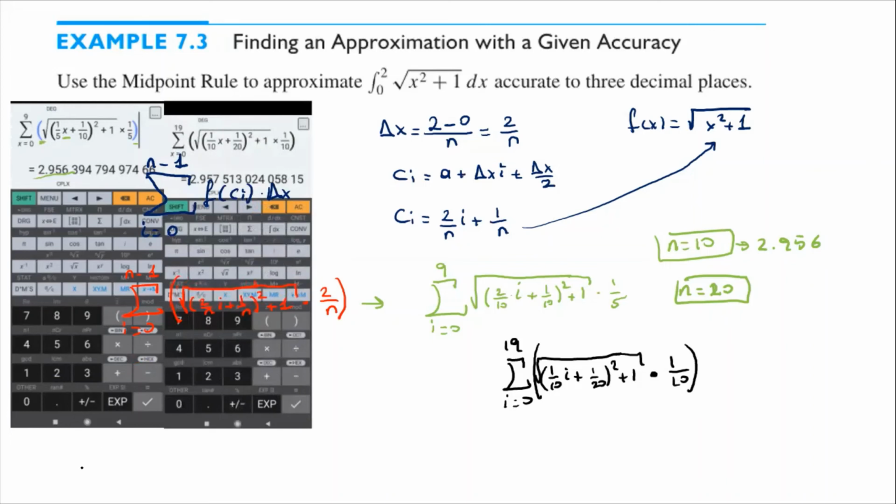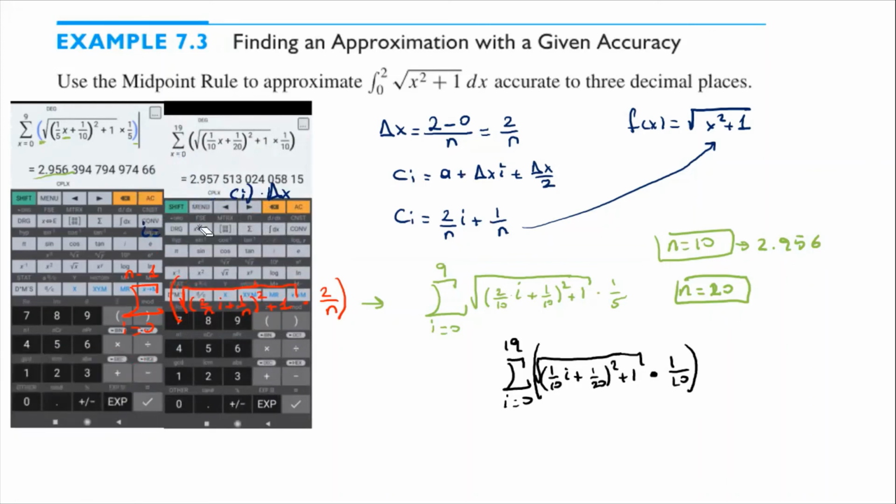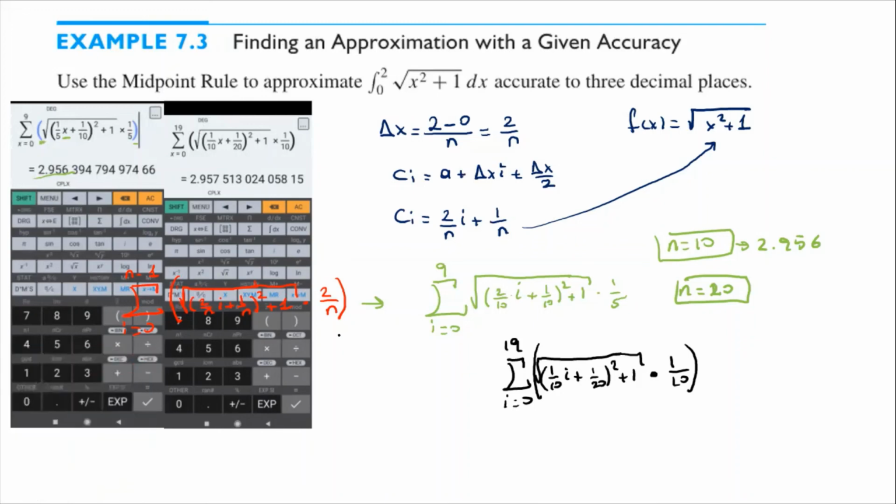If you do that, it's written here. This is going to be the answer, which is 2.9575. Let's write 3 digits: 2.958.